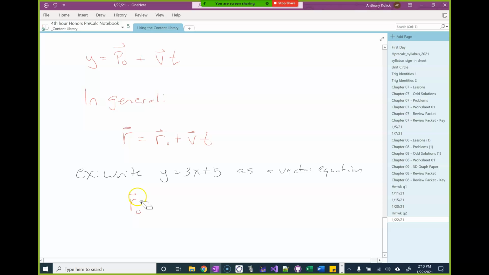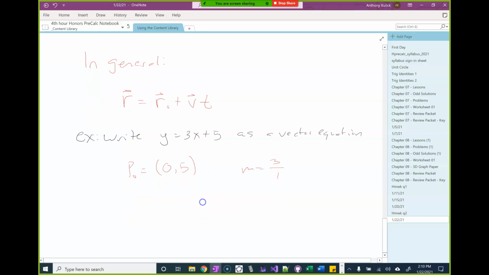About the y-intercept, right? We can get that just by looking at the thing. And our slope is 3 over 1, right? Now, did it matter which point I picked? Does not. Can my answers vary because of this? Yes.